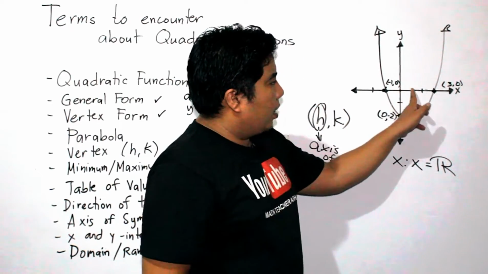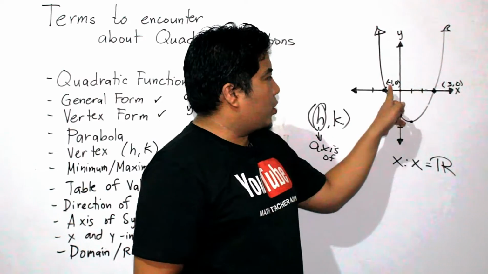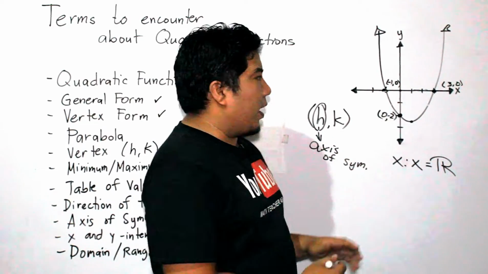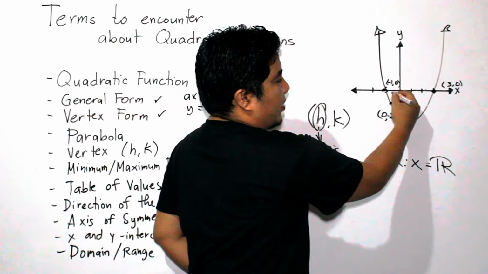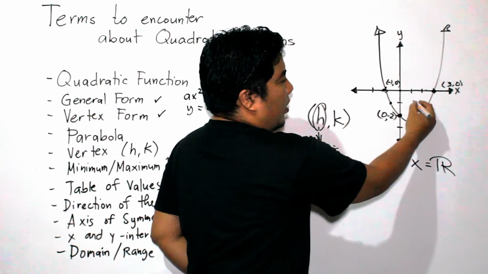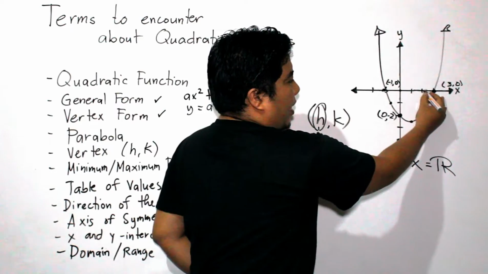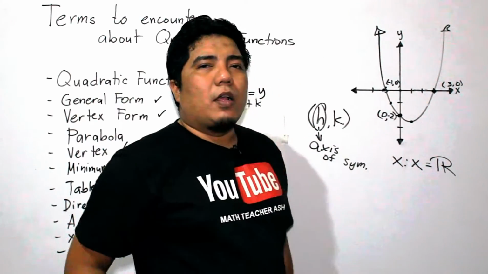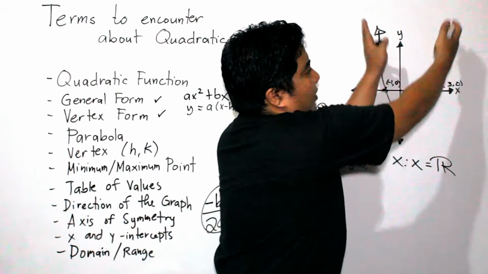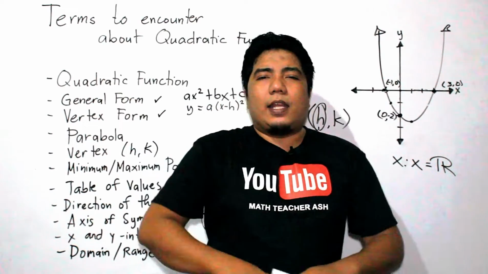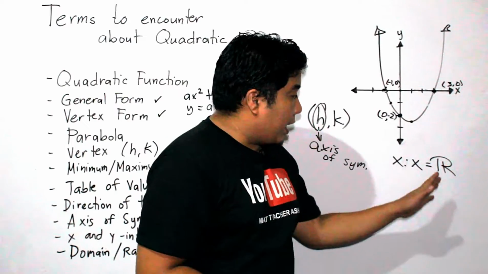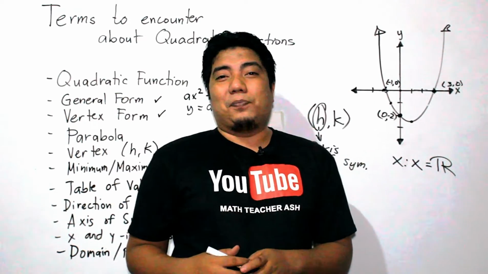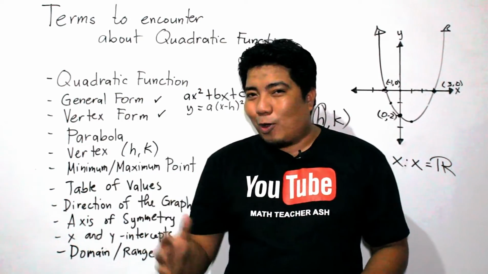Regardless of where you are, there is a value of x. And this will extend, right? So basically, it will take up all the values of x. So that is the set of real numbers. So that will be your domain.